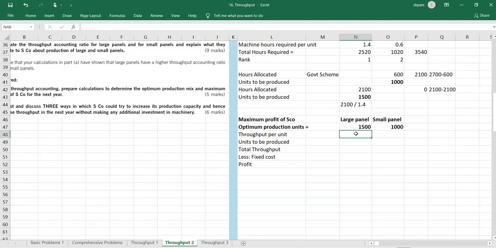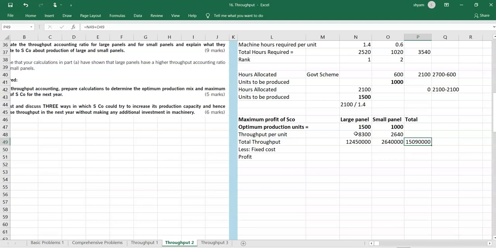We can simply get it from there, and we can get the total throughput, number of units into throughput. So we got both. We'll also have a total column. So we got the total.